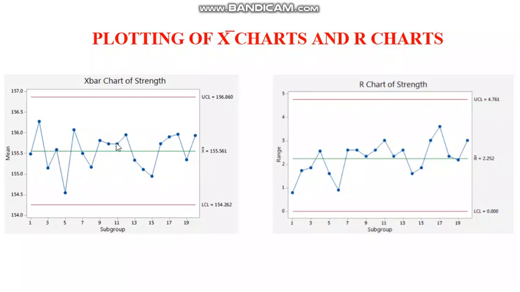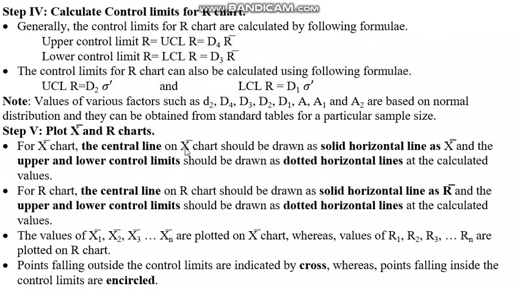This is the horizontal line we should draw first. X double bar should be drawn as a solid horizontal line, and the upper and lower control limits should be drawn as dotted lines using the values that you have calculated in step 3.